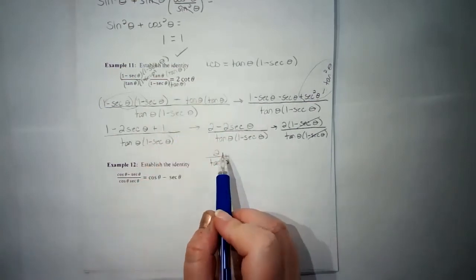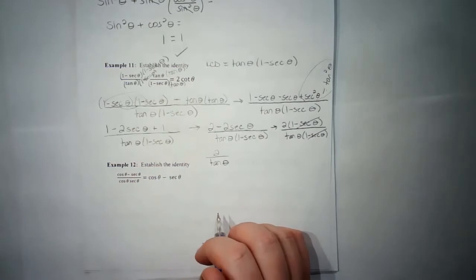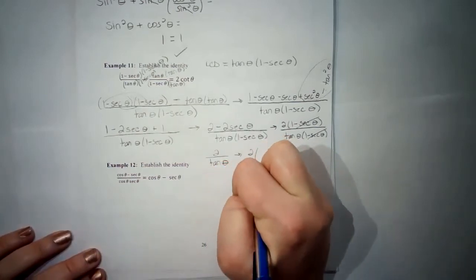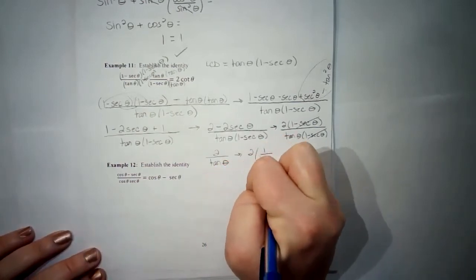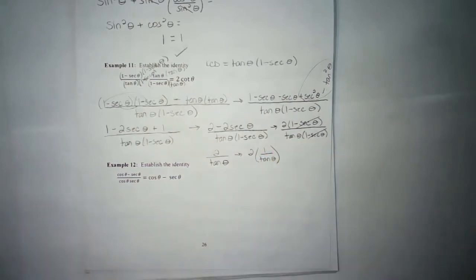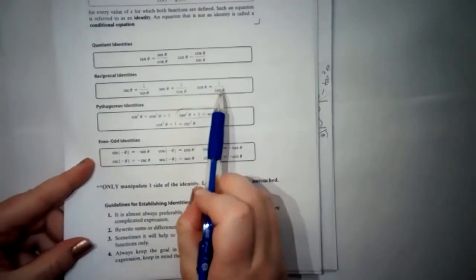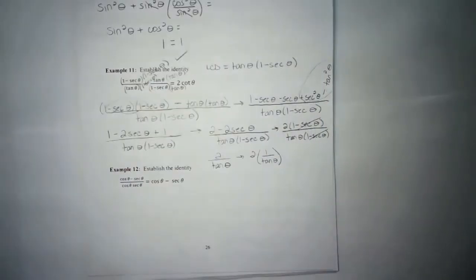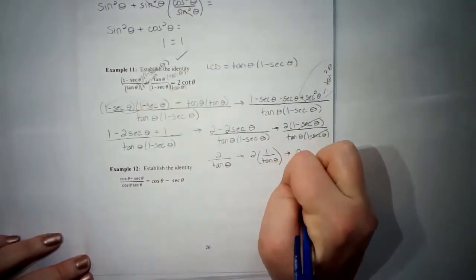I have 2 over tangent theta. Does everybody see the next step? It's a quotient or a reciprocal, right? I could rewrite this as 2 times 1 over tan. You don't have to write all these steps out if you see how you get there. But what's 1 over tan? Cotangent. So there it is right there. And suddenly we're done.